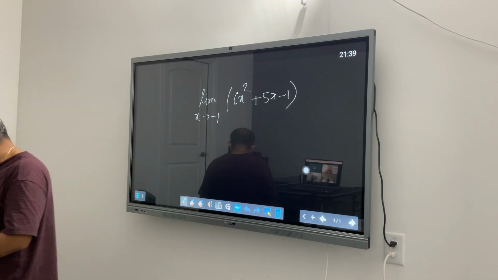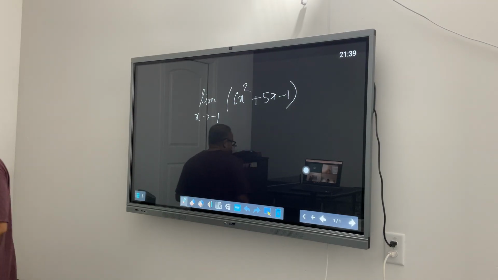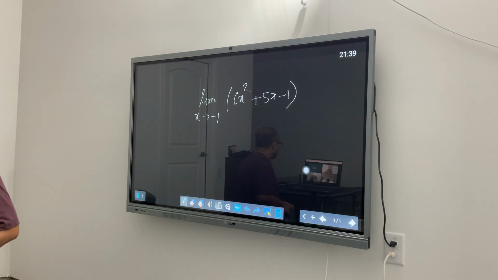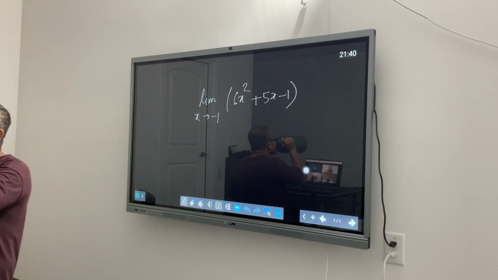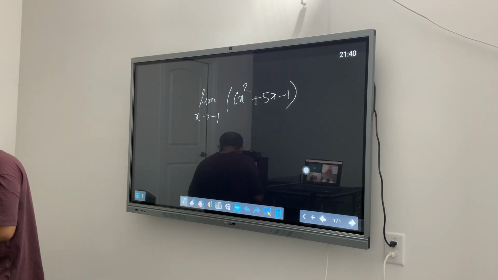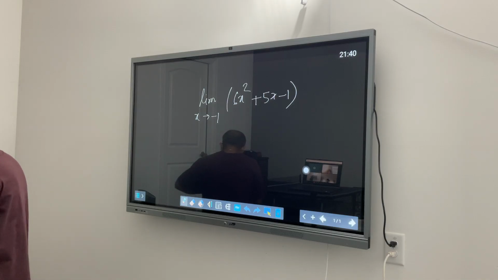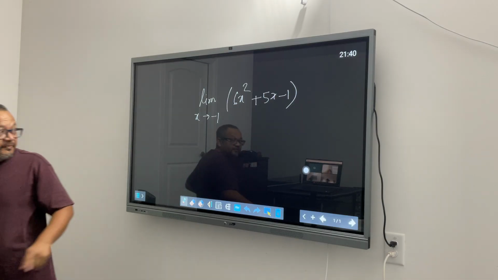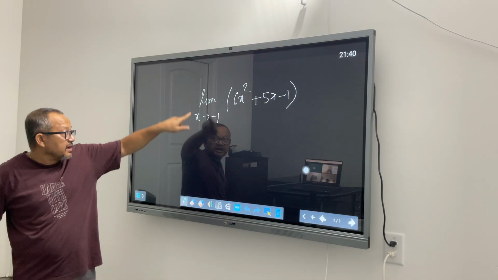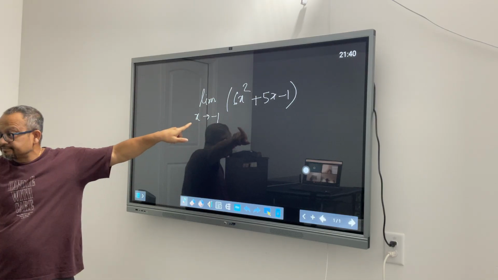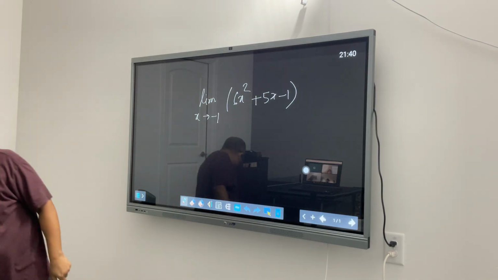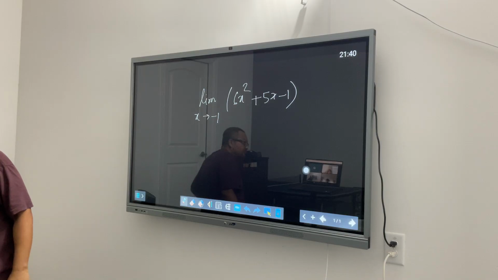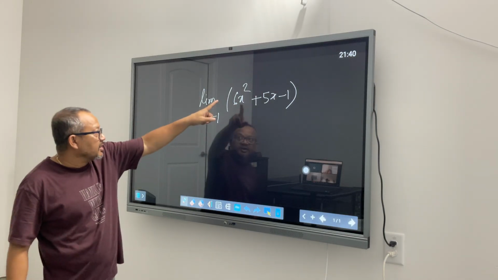Chris, what are you getting? Negative 5. And you are trying to find the limit x approaching minus 1, right? It's not the limit 5, that's what I was thinking in my mind.